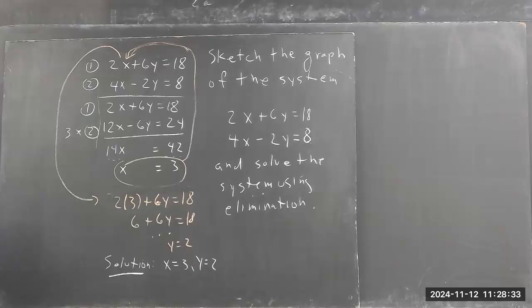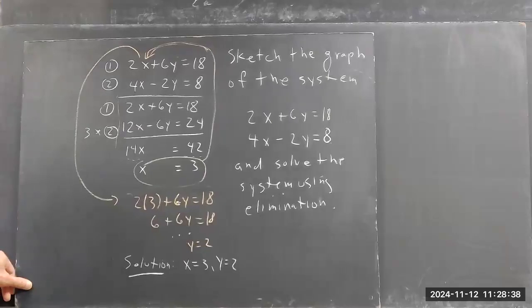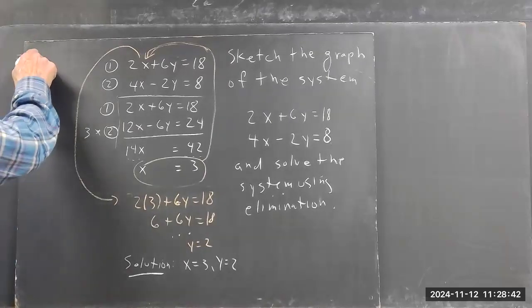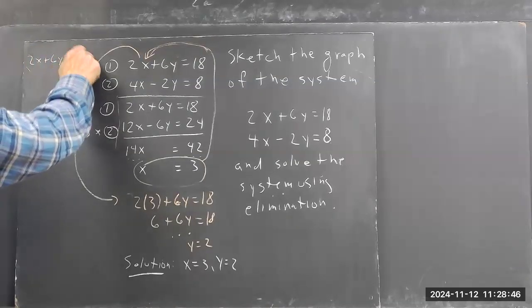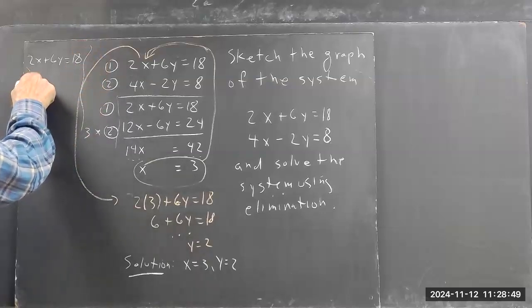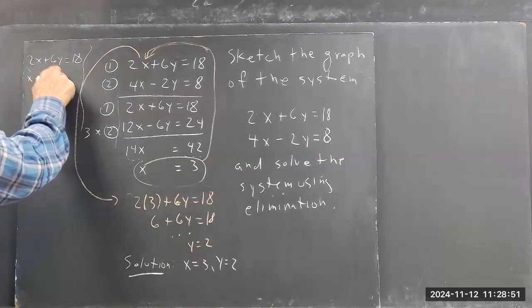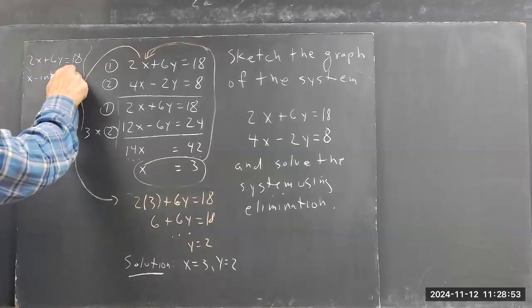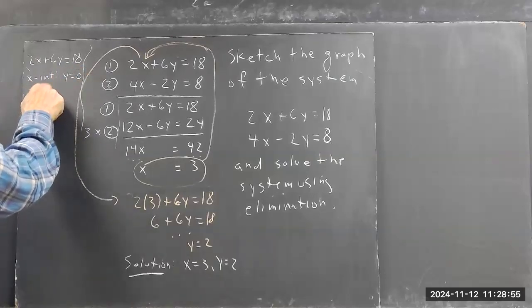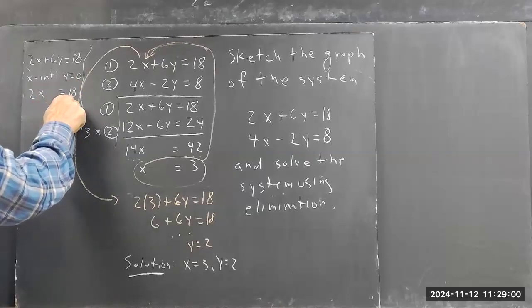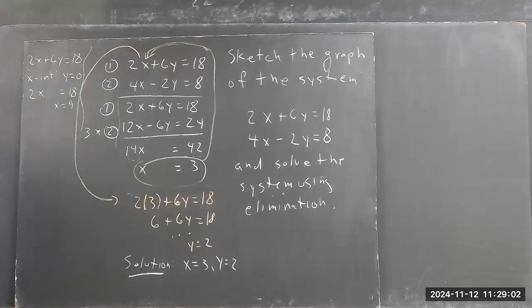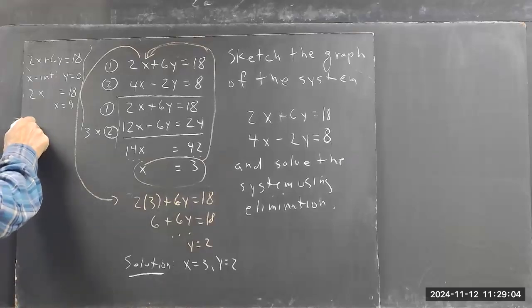Now, I was going to also ask you to graph this. For the equation 2x plus 6y equals 18, the x-intercept happens when y equals 0. You get 2x equals 18, x equals 9.